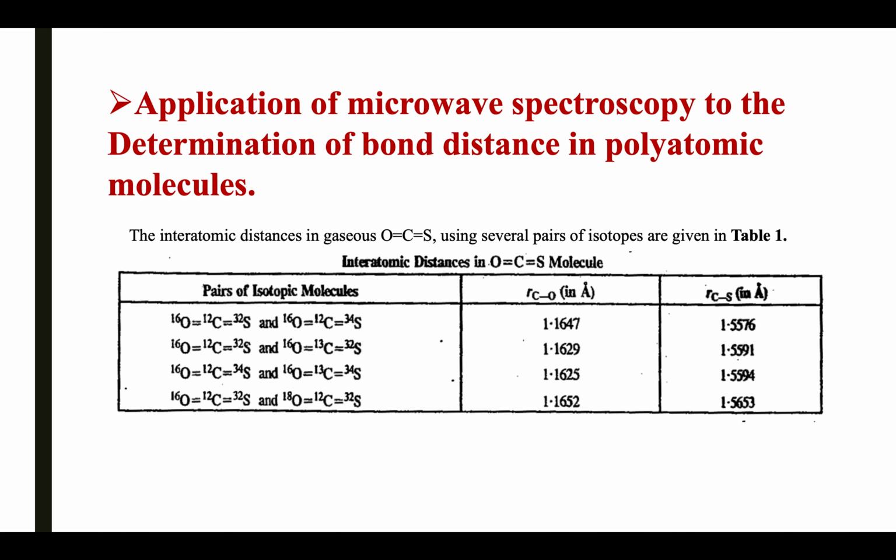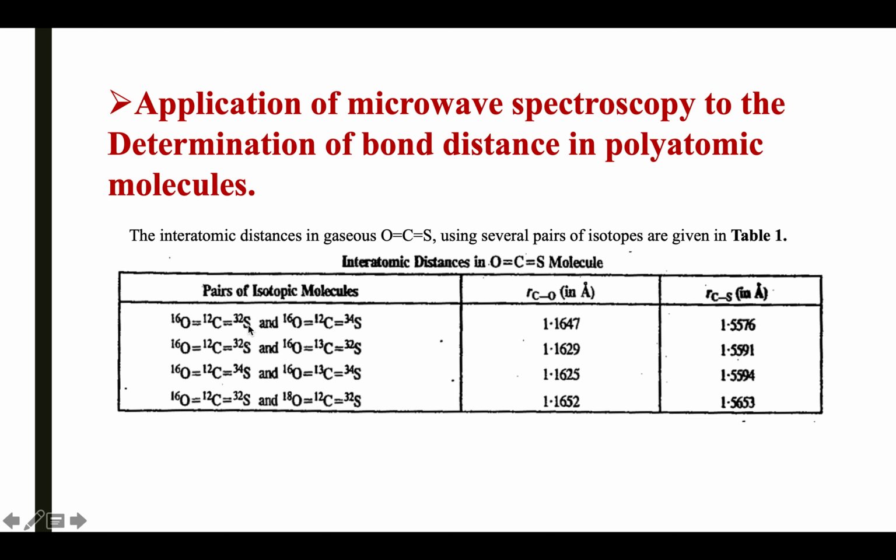So as you can see in this table, there are pairs of isotopic molecules. So we have seen the first example. For that we have the RCO bond distance in Angstrom 1.1647 Angstrom, and for the carbon sulfur bond we have a bond distance of 1.5576 Angstrom. So these bond distances came from these two different isotopic substitutions.